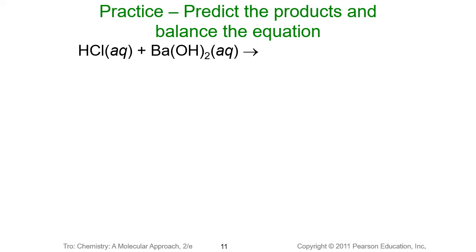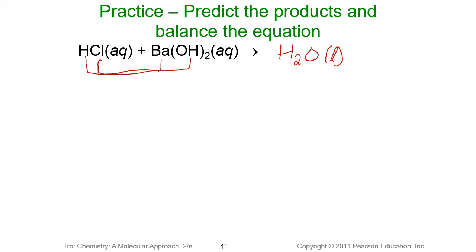Here's a practice for you. Predict the products, balance the equation, write your net ionic equation. So for the products, we're going to take the cation, combine it with the anion. So in this case, we're going to get water. H plus and OH minus gives us water, which is a liquid. We're going to take the barium and combine it with the chloride.